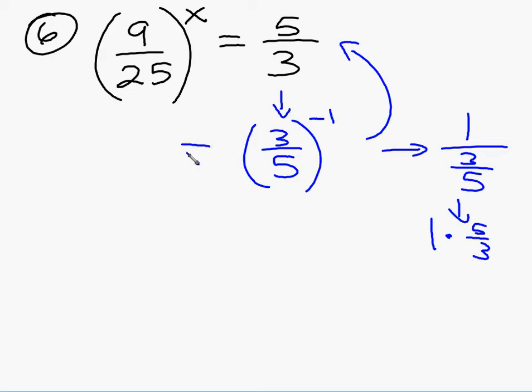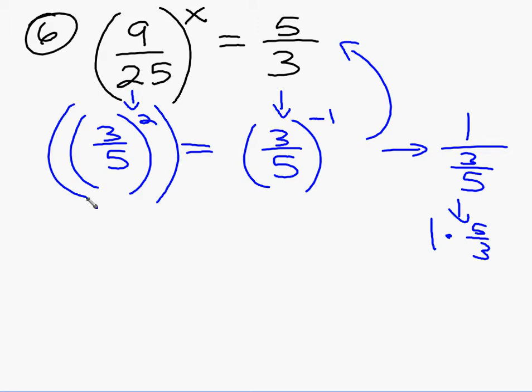On the other side, I can write 9/25 as 3/5 squared, all to the x power. Don't leave out that x power. All right? And then we've got a power to a power right here.